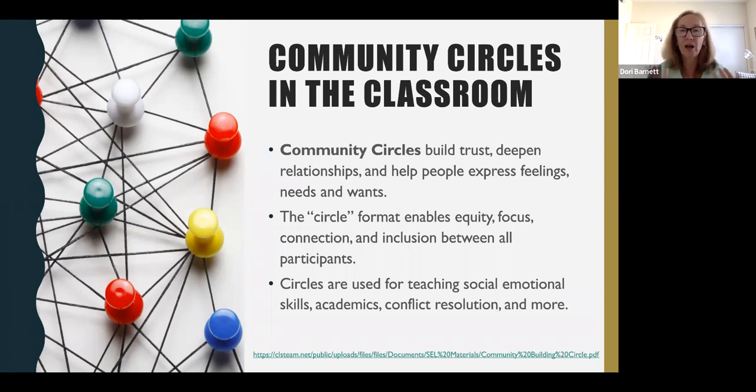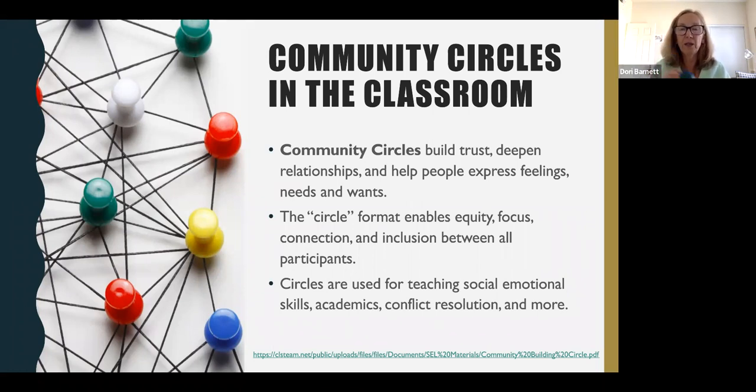And it's certainly not a counseling circle. A community circle can just be as simple as going around and using a talking piece. I use this little globe. It's from the IIRP, the Institute of Restorative Practice. It just shows that restorative practices are worldwide.